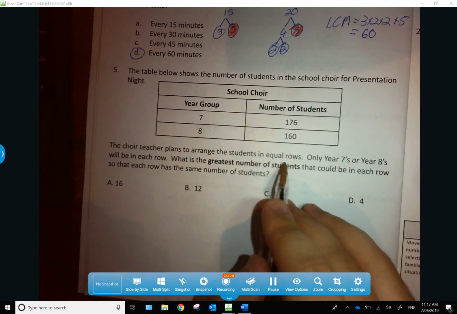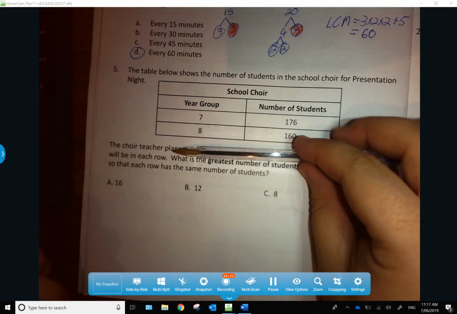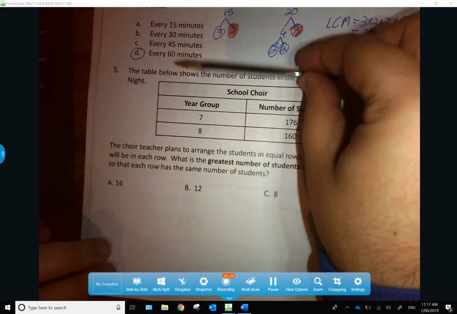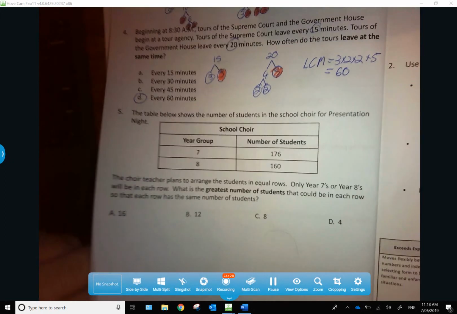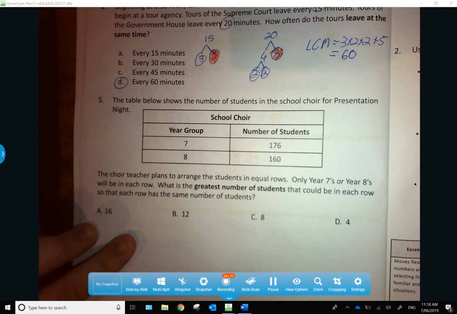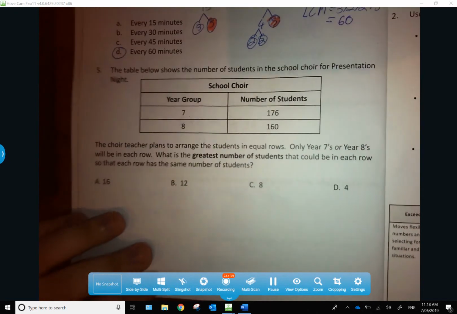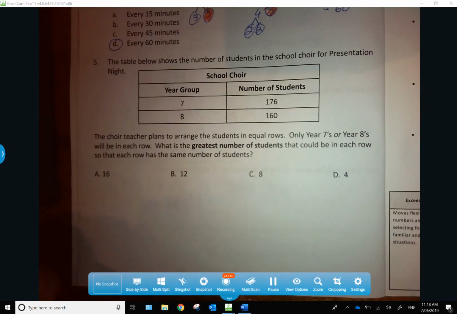Whenever you have to arrange things in rows, you want to find the greatest common factor. Go back to your page of words on page 18. Anytime you have to arrange things in rows, you need to find the greatest common factor or the highest common factor.